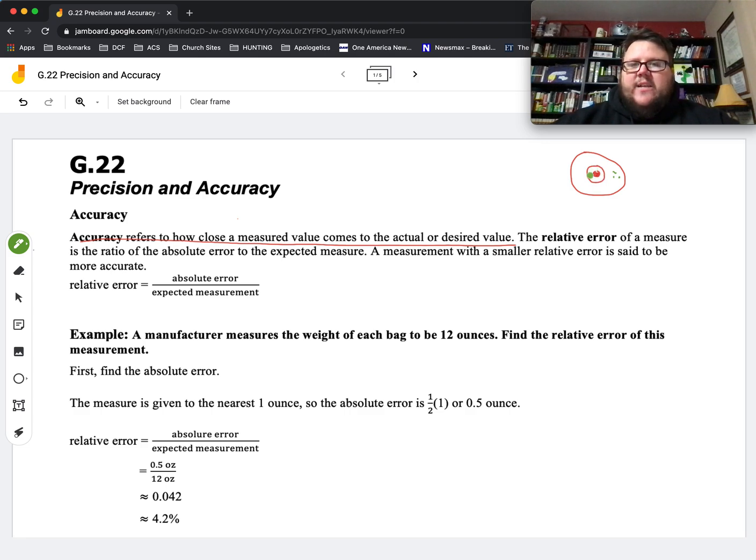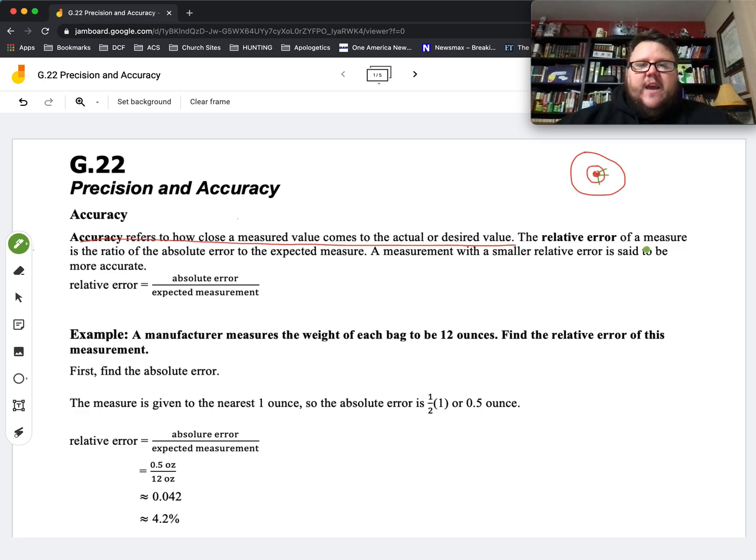I want them to land near the bullseye. So that would be a high relative error. But if I threw the darts and I had one there, and one there, now we're talking, we have accuracy and a low relative error because they're all within the zone. So that's what we're talking about when we talk about accuracy and relative error.